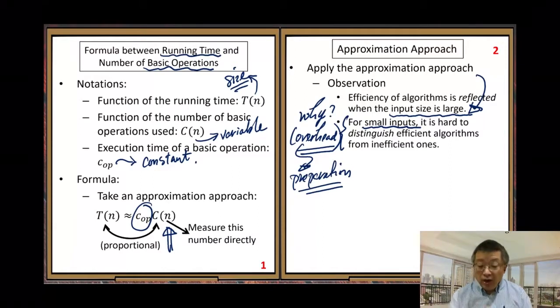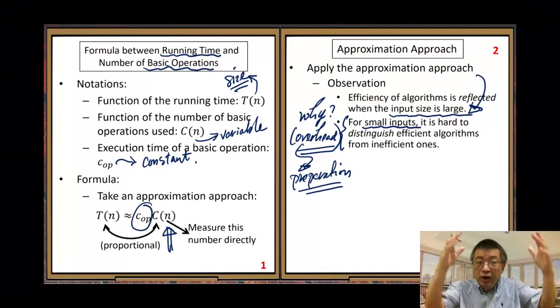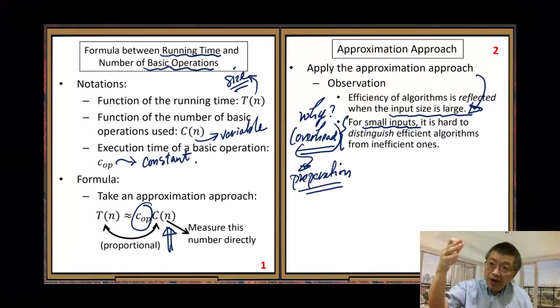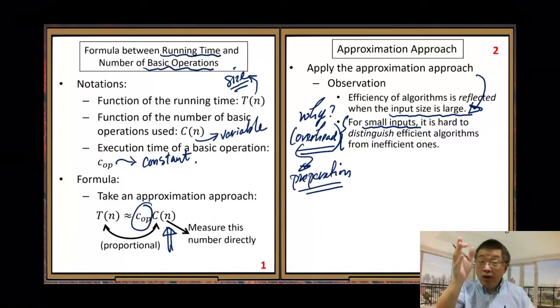Think about it. When the input size becomes larger and larger, from the percentage point of view, the overhead part will become smaller and smaller. And after some point, it will become less than 1%.